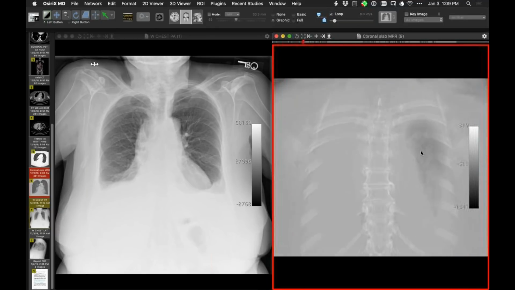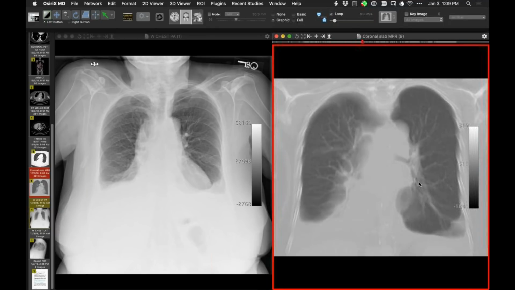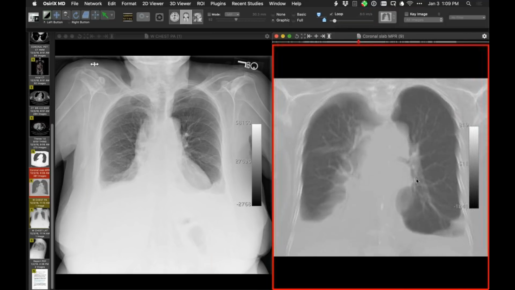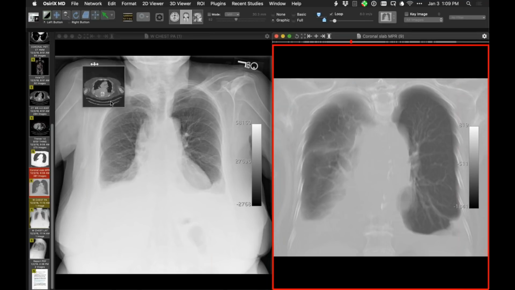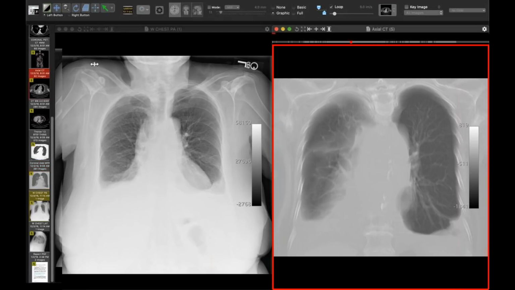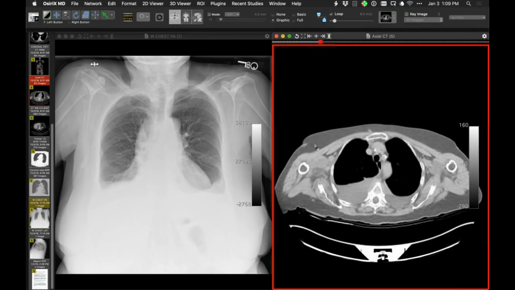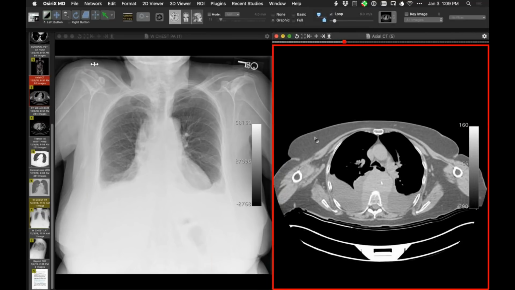And as I scroll back and forth over here, you'll appreciate how much abnormality is present indeed in the middle mediastinum and then going into the posterior mediastinum. So here is the corresponding axial CT. It doesn't have contrast medium on, but you'll see that there is a very large amount of abnormality.